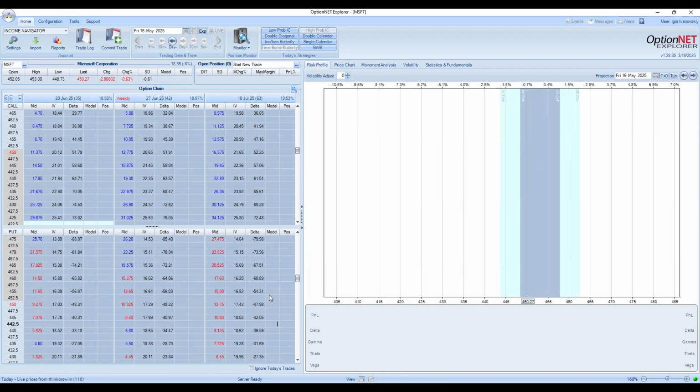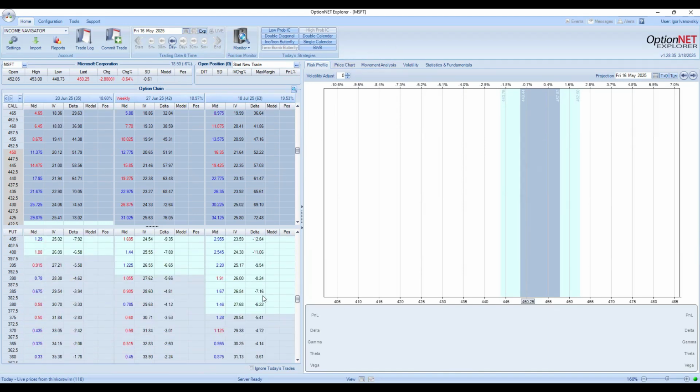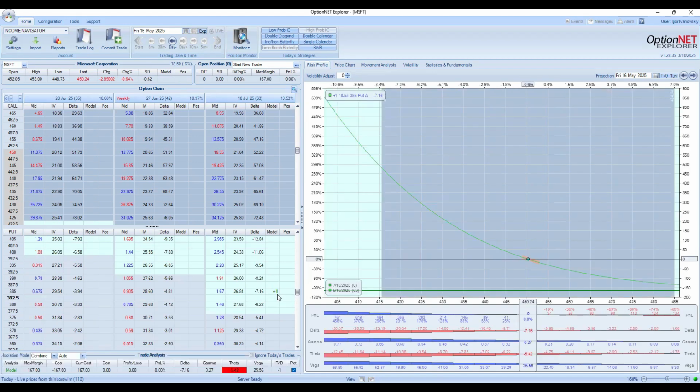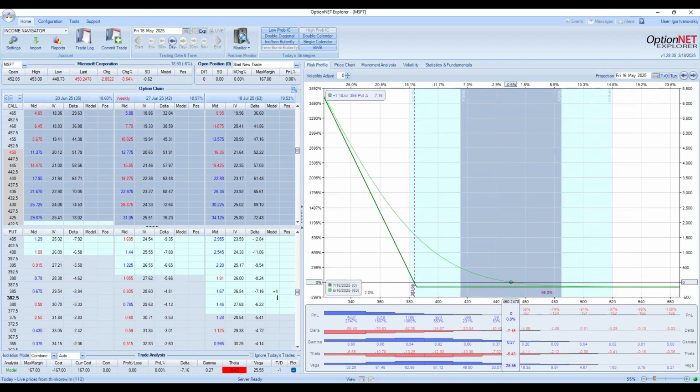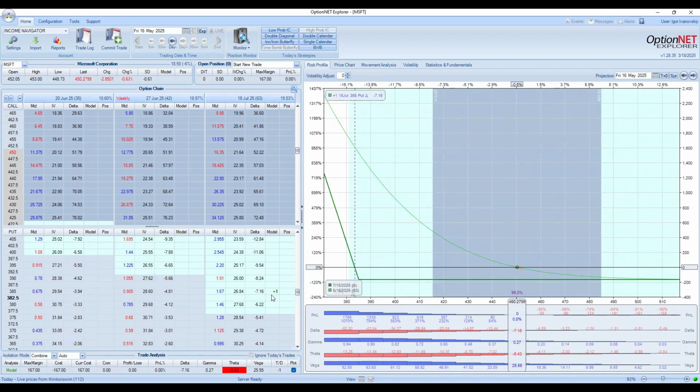You can look at the delta and decide how far out of the money you go. For example, in this Microsoft example, you can go out and buy something that's like a delta 7 at 385. Maybe you just go and buy a long put. Well, okay, your cost is only $167. That sounds like a hell of a deal, right?